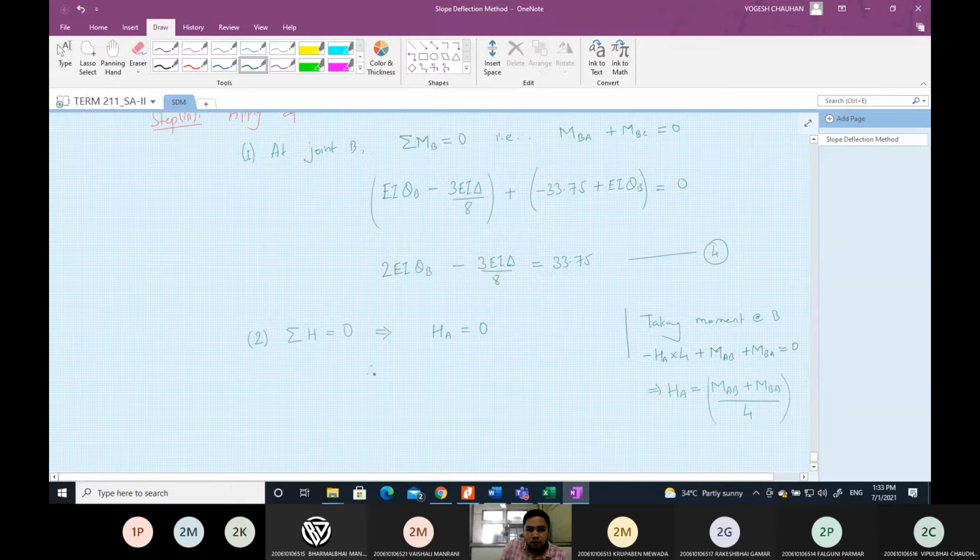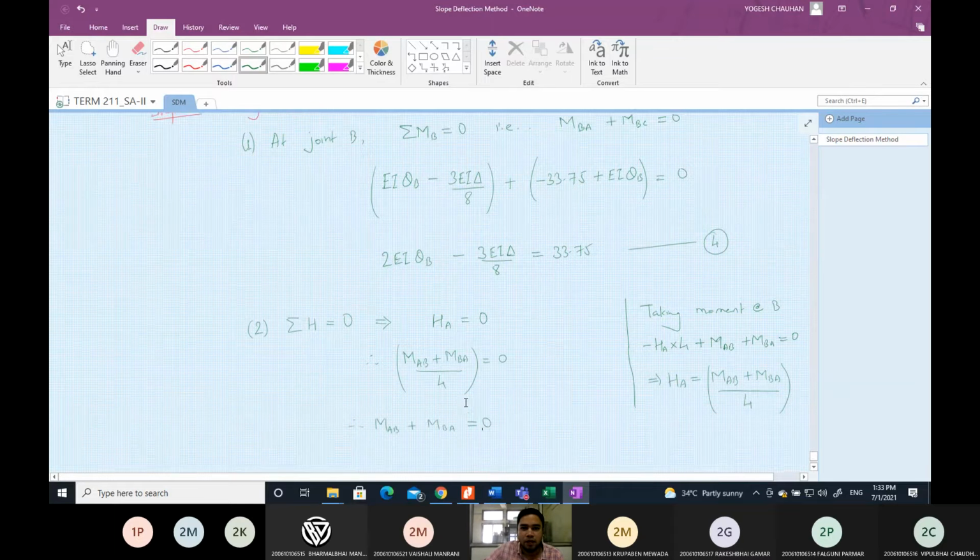Therefore MAB plus MBA divided by 4 equals 0. That means MAB plus MBA equals 0.